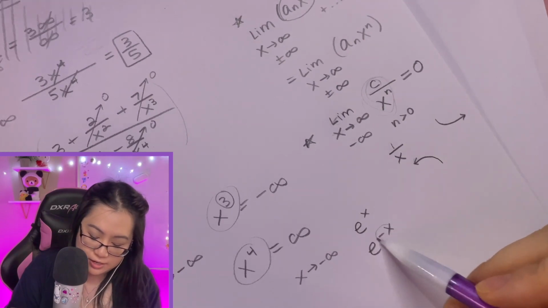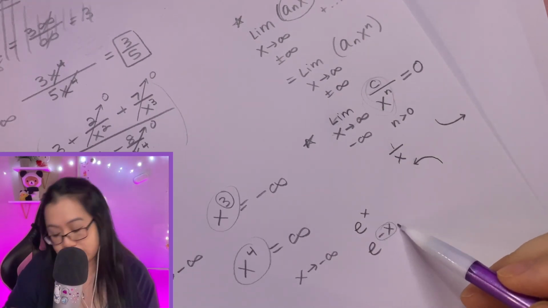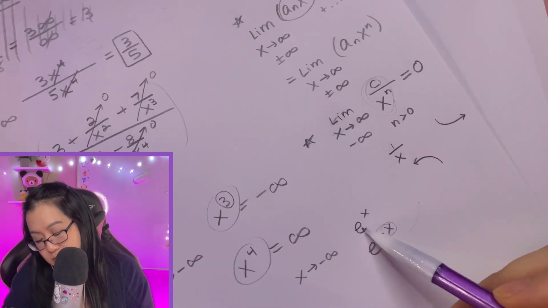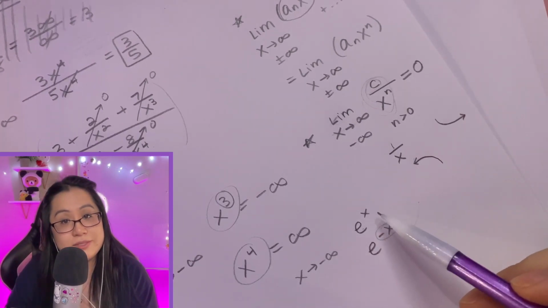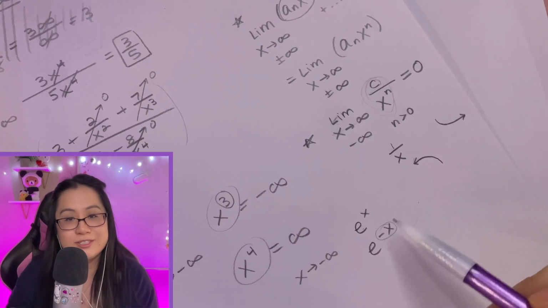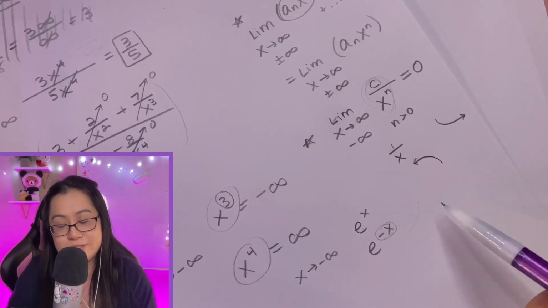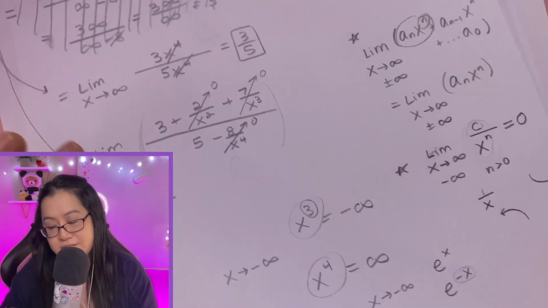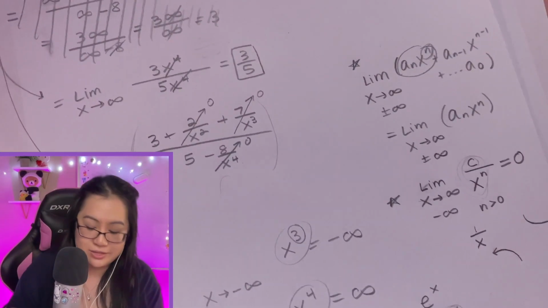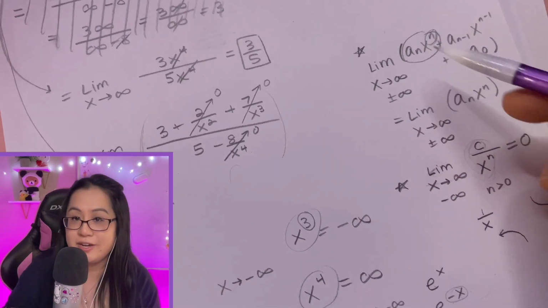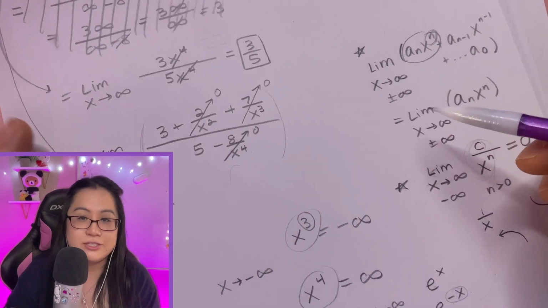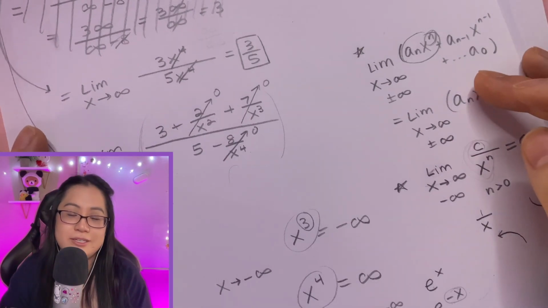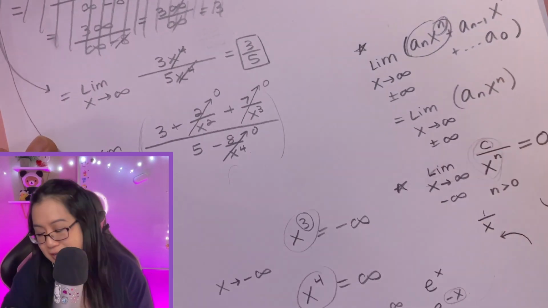Here, the negative will become positive, so this would take off and continue to positive infinity. But this would be e to some negative number, so that's 1 over something very large, which would approach 0. So all of these algebra concepts still apply. That's the main difference between positive and negative infinity to consider: are we talking about a positive value or a negative value for x, and does that even make a difference?